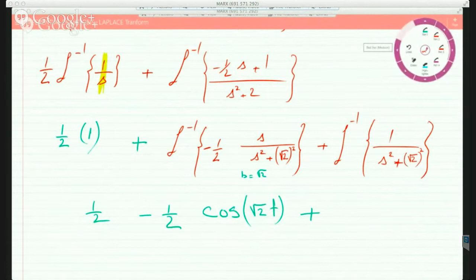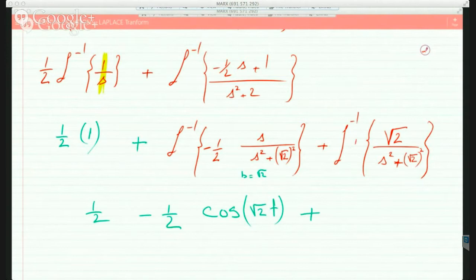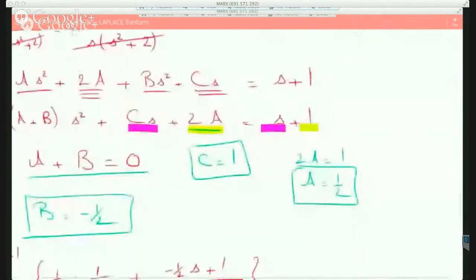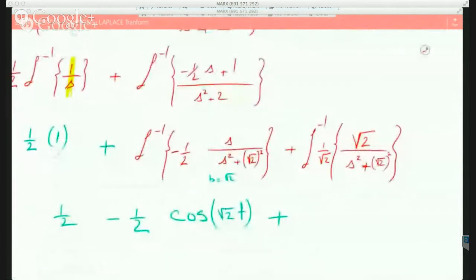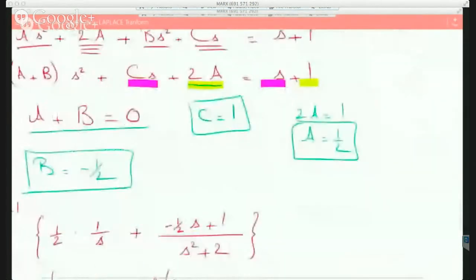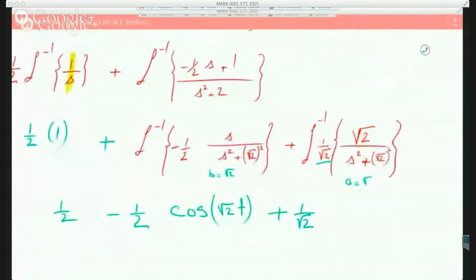So what I can do to manipulate this, I can multiply here by square root 2 and divide here by square root 2 to make them match, because it has to match the table, a over s squared plus a squared. And the 1 over root 2 can just come out. This is just 1 over square root 2. And the inverse Laplace of root 2 over s squared plus root 2 squared, that is just sine at, where a is root 2. So sine root 2t.